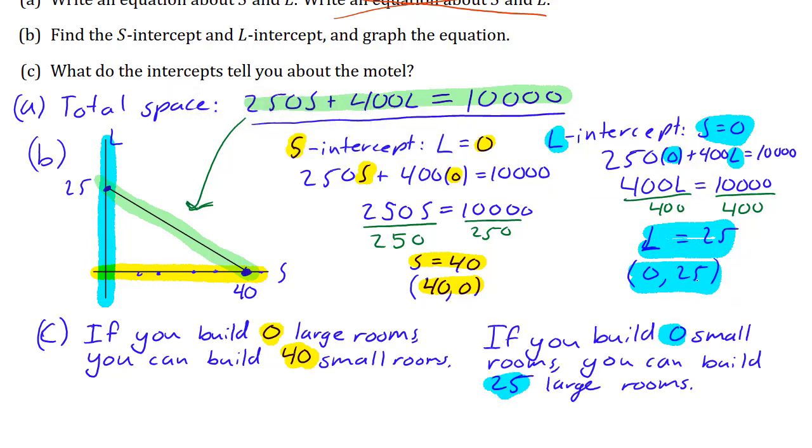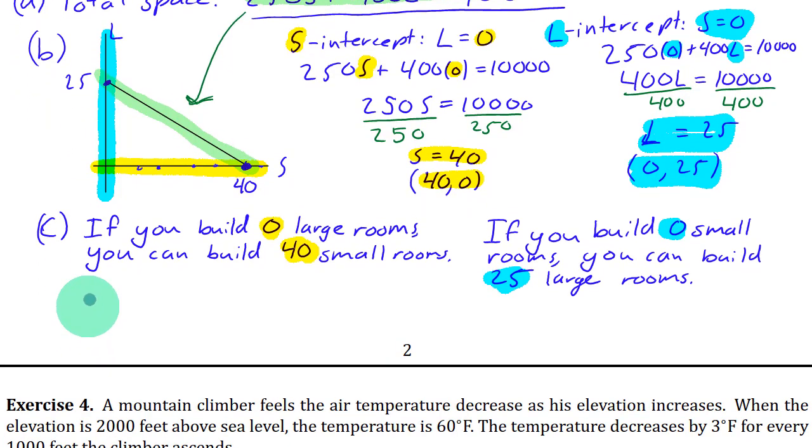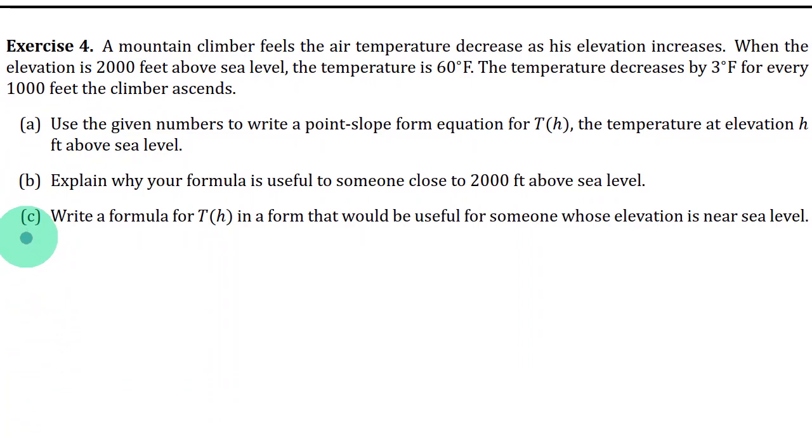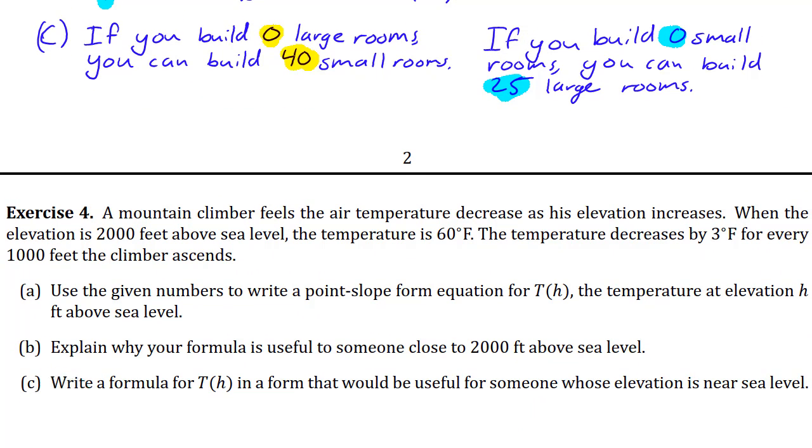All right, so that is exercise 3. Let's look at exercise 4 here, where a mountain climber feels the air temperature decrease as his elevation increases. When the elevation is 2,000 feet above sea level, the temperature is 60 degrees Fahrenheit.